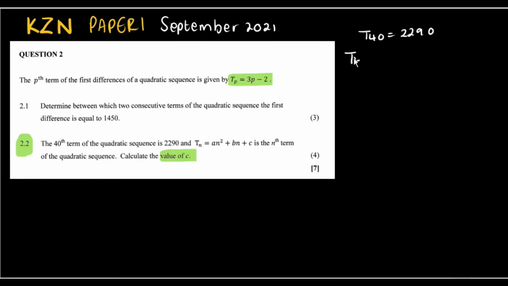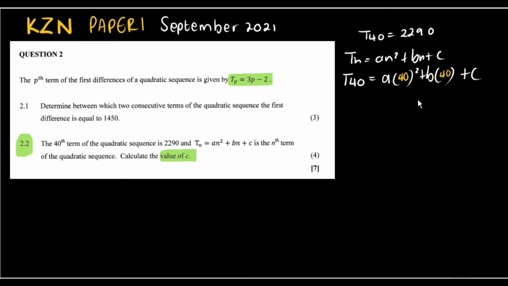So Tn is equal to an squared plus bn plus c. And in place of Tn, you could say T40. So wherever you see n, you're going to substitute a 40. So a multiplied by 40 all squared plus b multiplied by 40 and then plus c.